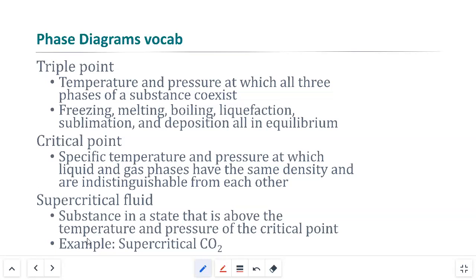Most common example of this is carbon dioxide. Supercritical carbon dioxide has a number of different uses, but what's probably its most common use is as a solvent. Think dry cleaning. There are certain clothes that you cannot put through your washing machine, either because they will be damaged by the washing machine or the chemicals that are in the detergent will start to attack the finer fabrics.